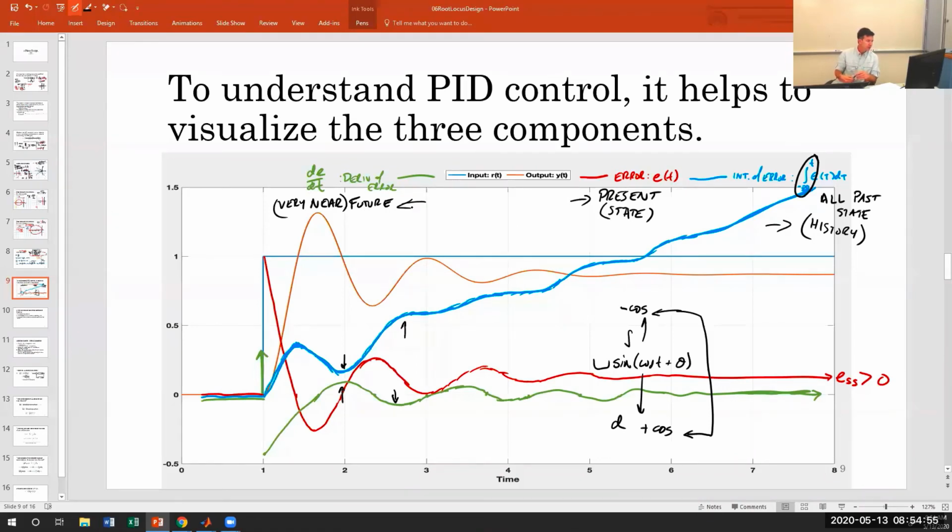Is the integral recursive? I don't know if I understand. So there's a question in chat about, is the integral recursive? The integral can go to 0. If the error goes positive, goes negative, and then settles out at 0, then the integral of the error can go away. That's actually what we'd like to have happen.